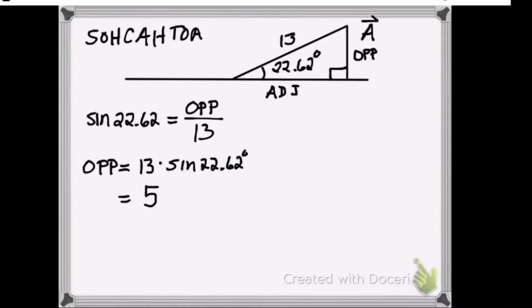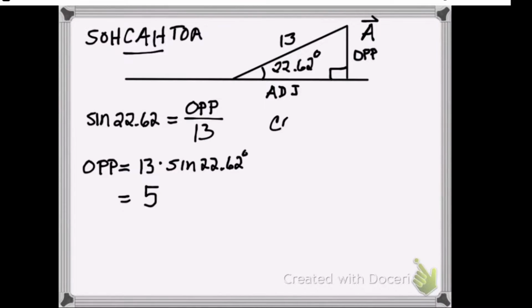Okay, so we use Sohcahtoa. We use the SOH part of Sohcahtoa to get the sine is equal to the opposite over the hypotenuse, and we use that to figure out what the length of the opposite side of the triangle had to be. So now we're going to do the same kind of thing, only this time we're going to use CAH for the cosine.